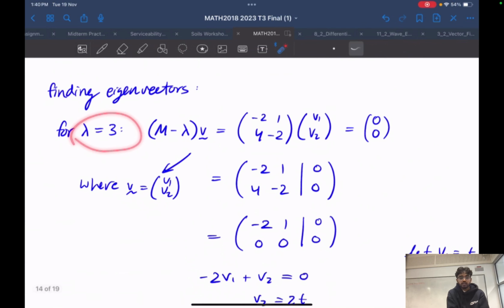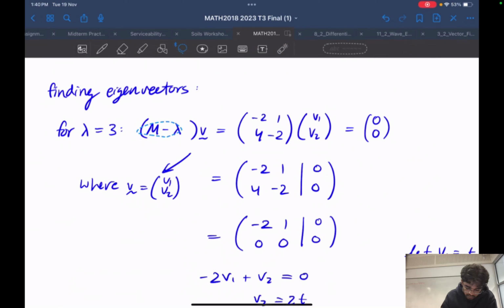So for lambda equals 3, you're going to have to set up this equation: M minus lambda I. Oh, it should be an I. Sorry, it should be an I as well. Lambda I multiplied by the vector v. But I'm just going to let v be any vector v1, v2. Just a bit of revision from MATH2018.